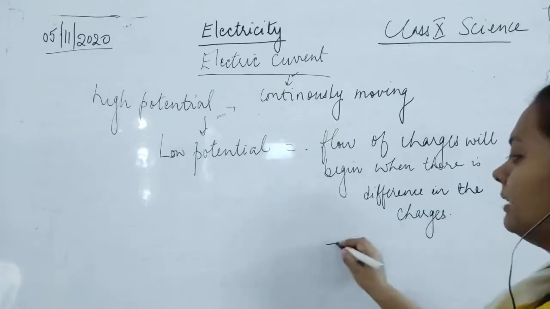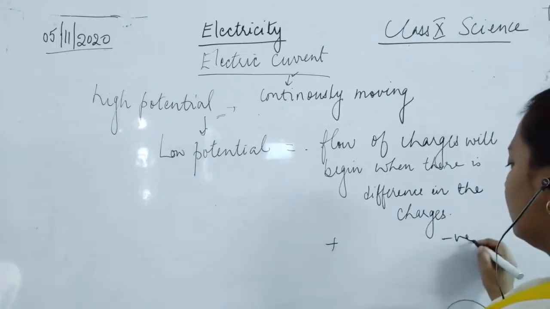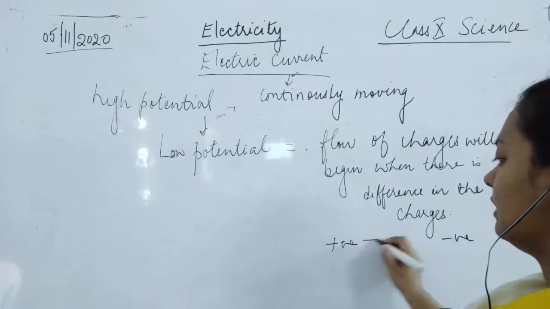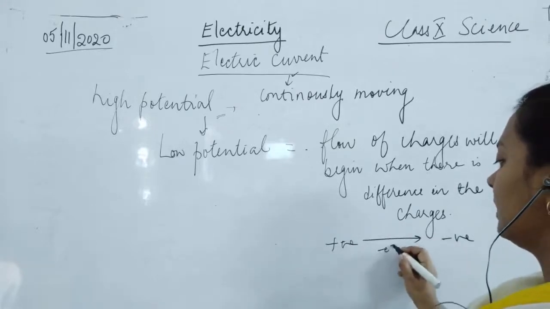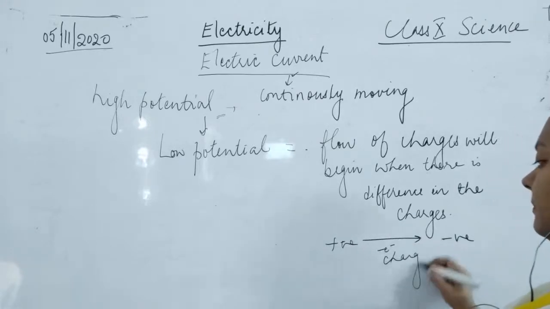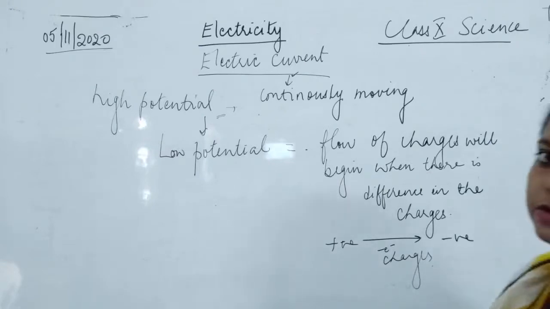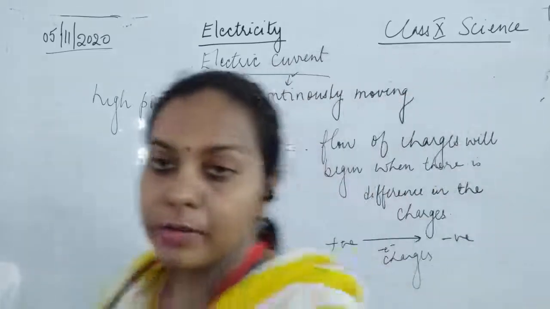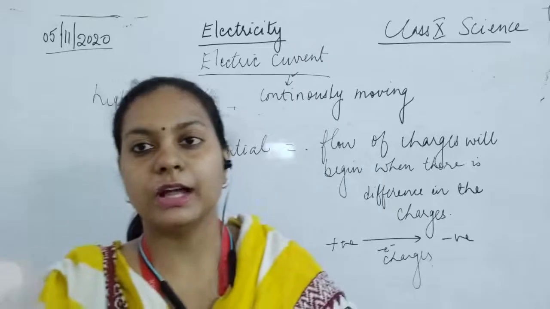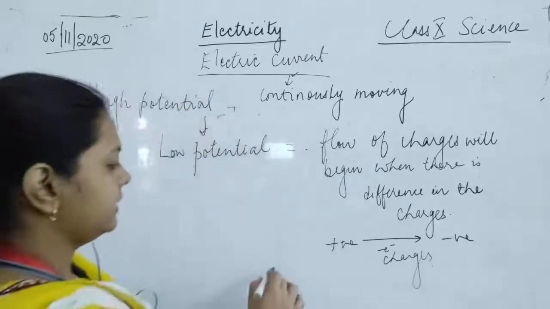Okay, in going from higher potential to lower potential, the charges will always move, and this is going to form a continuous movement of the charges, which is said to be current.